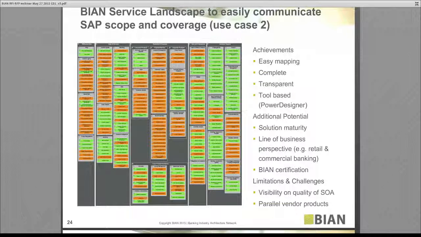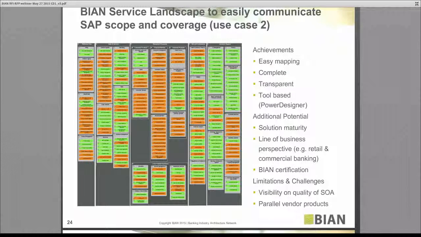So there is some additional potential. At this level, we also communicate related to solution maturity. I think that's quite important, not just the coverage, but also that there's a maturity measurement. And we also use views on the service landscape to be able to communicate coverage and scope for concrete lines of business.